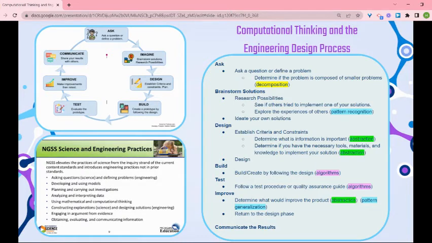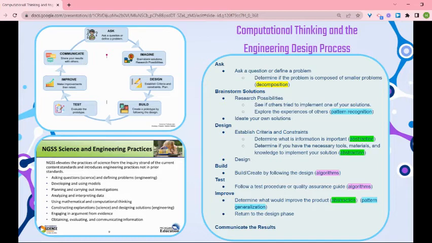Recognize that they're not completely interchangeable, but they're similar enough that we can use them in this instance. When I'm talking engineering design, this is applicable to the other two as well. So, again, this is a little bit different than the engineering design processes I've shown before, but the language is just a little different. The components are really the same.